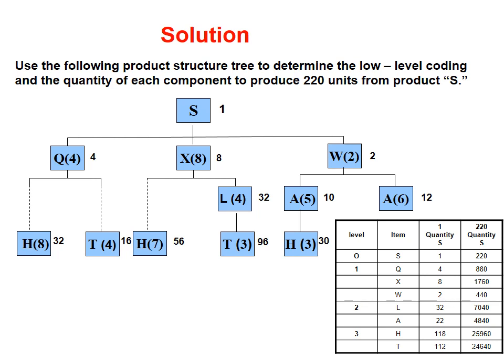From X, we need 8. From W, we need 2. We multiply this quantity by 220 to determine the total quantity we need to produce 220 from product S. This is the numbers after the calculation.